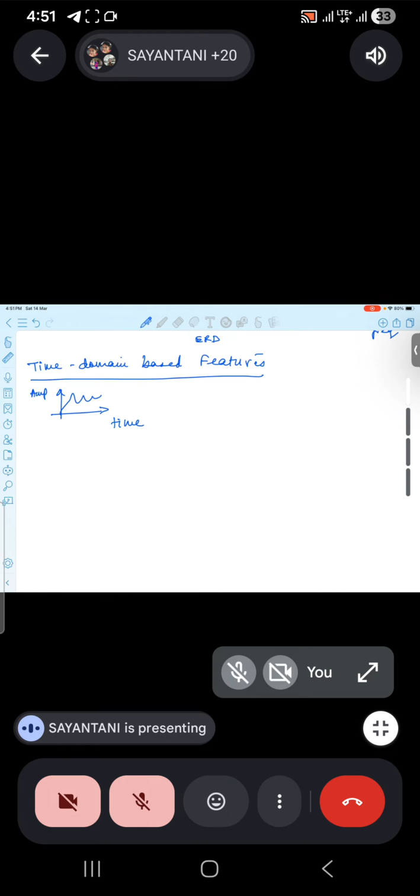So there are different types of time domain based features. The first one is the Hjorth parameter. What the Hjorth parameter does is it gives approximate information about the frequency changes in the signal, but within the time domain.